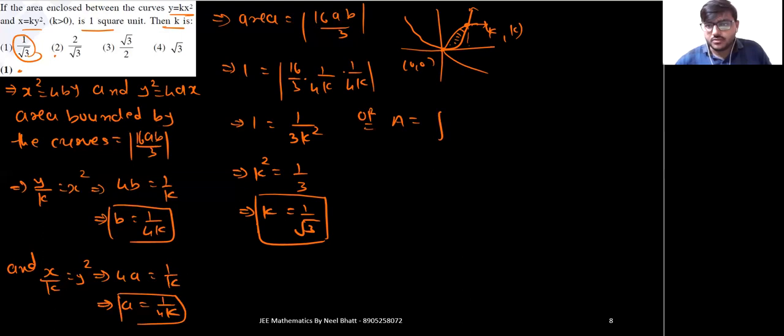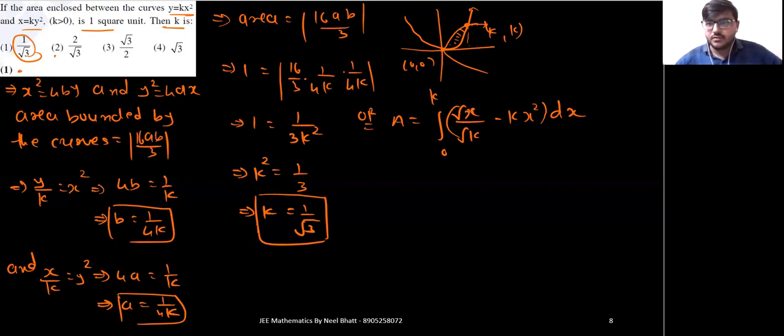Area from 0 to k: from above, this parabola is y square equals x by k, so y equals root x upon root k, minus the parabola kx square, dx. This is the simple way you can solve it.